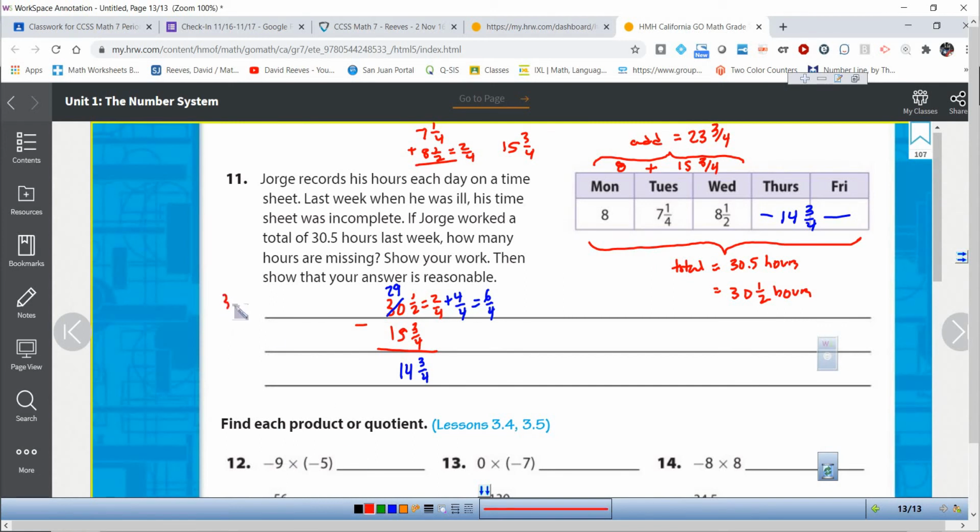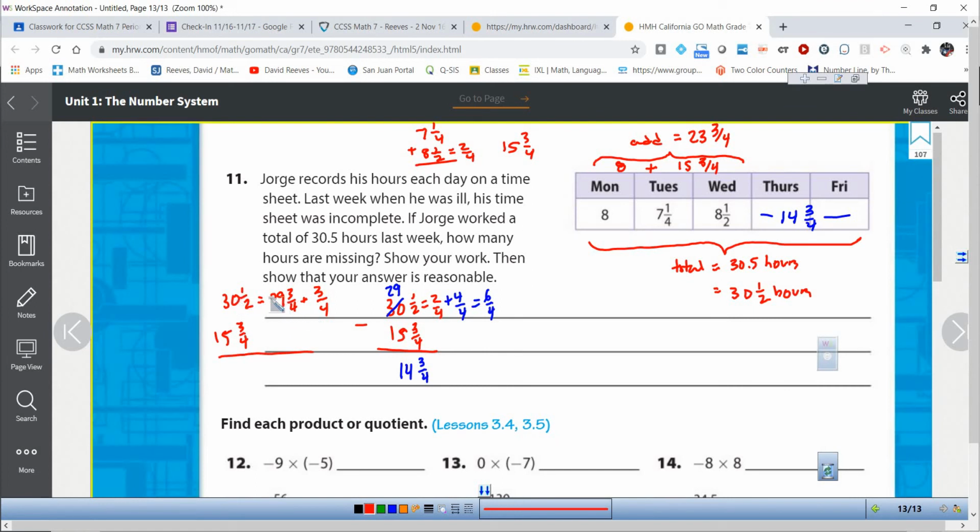So if I took that 30 1/2 and I took that 15 3/4, right? I could take that 30 1/2 and say, okay, well, I'm going to make that 29 3/4 plus how much extra do I actually have here? I have a 1/4 plus a 1/2, which is 3/4, right? Do you see that?